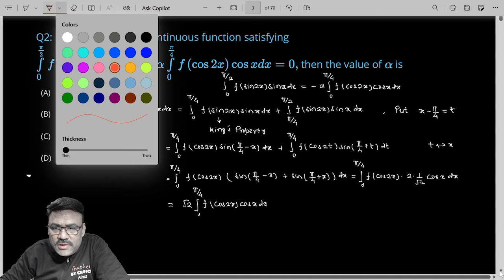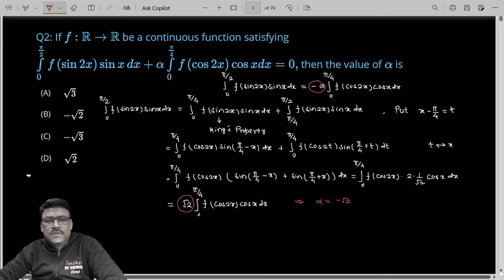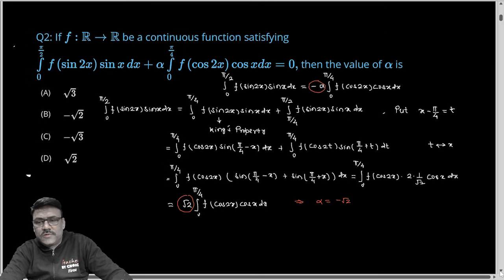So you can see that we have here minus alpha and we are getting root 2 here. Means minus alpha is root 2. So you can say that alpha must be minus root 2. Right? So B is the correct option here. Minus root 2 is the correct option.